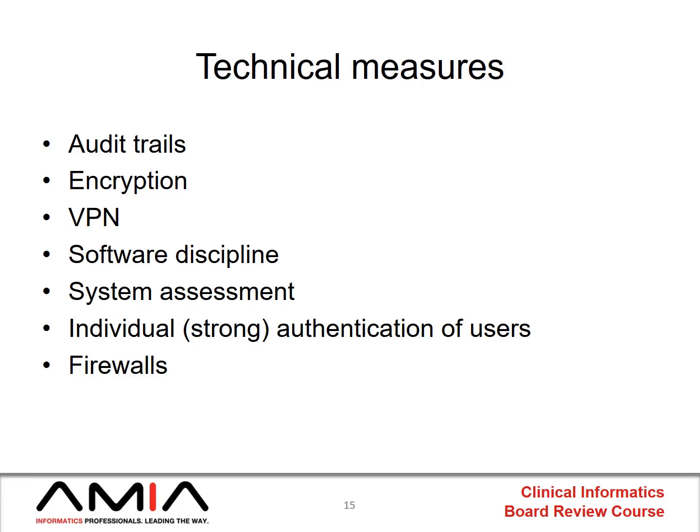They are considerations in the initial design, the implementation, and discipline is exercised with a mind towards security. System assessment, we talked about the security requirement, the security system assessment. Another measure that is well worth your consideration and hopefully implementation is authentication of users, and hopefully strong or 2 or 3 factor authentication, and firewalls.